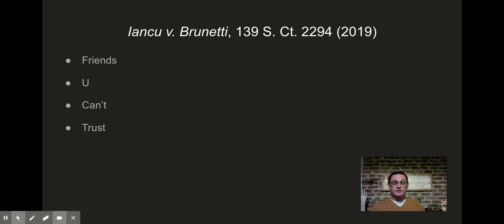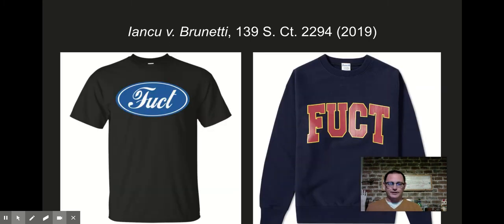Pacifica, right? Anything that was essentially an improper kind of word to use, like shit, fuck, whatever, right? That was not going to be registrable. Okay, well, somebody named Brunetti had a clothing brand called FUCT, which he claimed was an acronym for Friends You Can't Trust. Here you can see examples of the clothing that he produced.